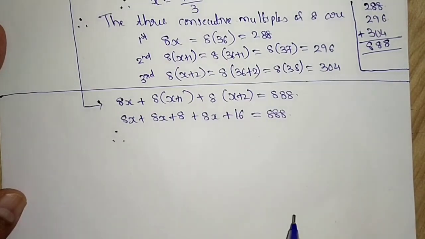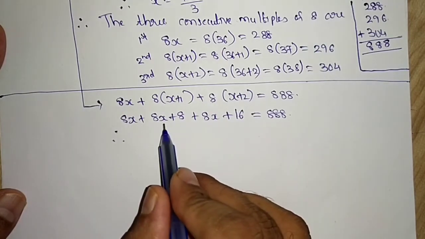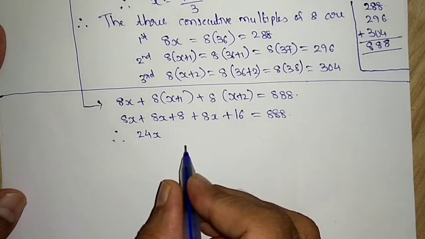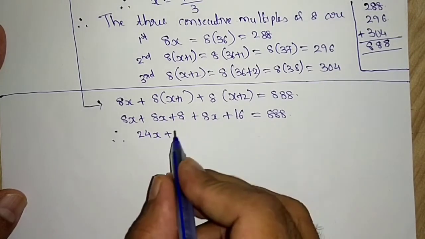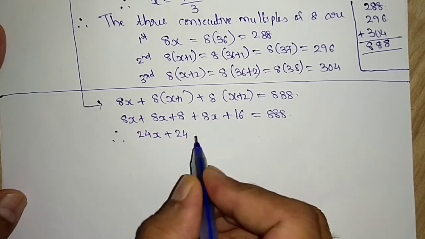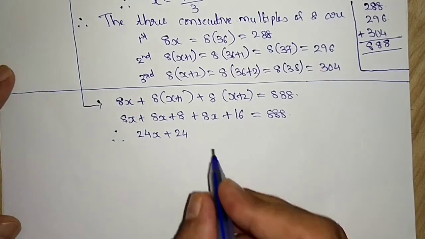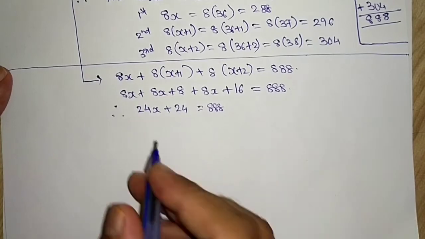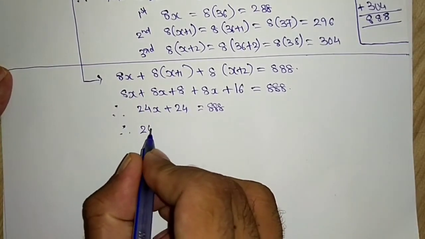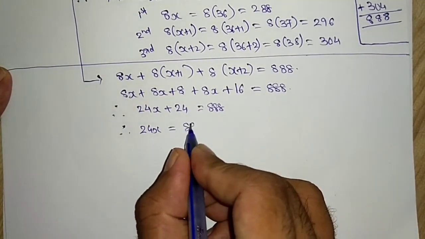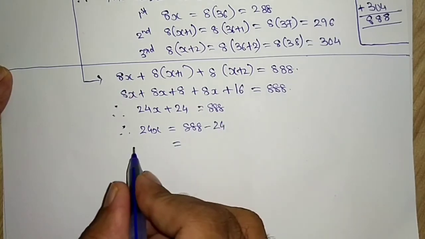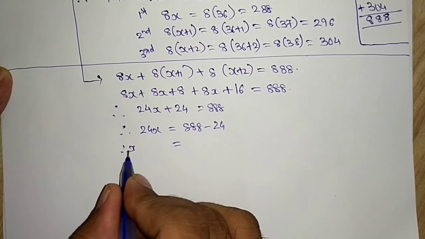Now 8x plus 8x plus 8x will give you 24x, plus 8 and 16, addition of 8 and 16 will give you 24, is equal to 888.